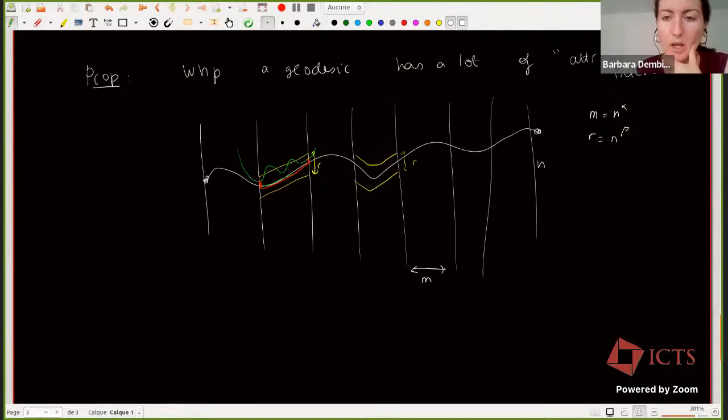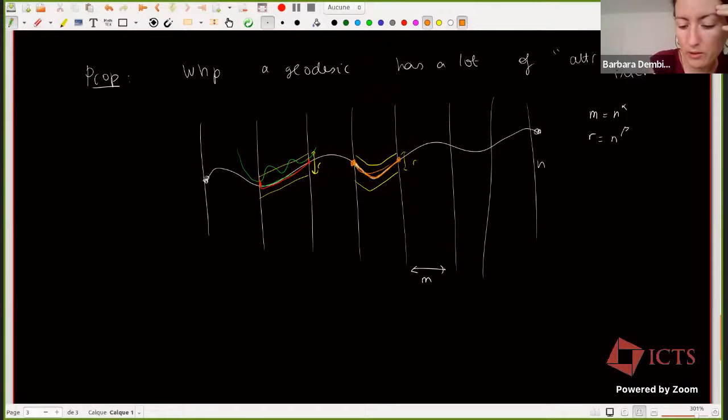You first need to be sure that along the geodesic, for a lot of intervals, it's fast enough. Fast enough means that the time along the orange thing is better than what you would do in expectation to go from there to there. You have to be sure that there are a lot of portions like that.